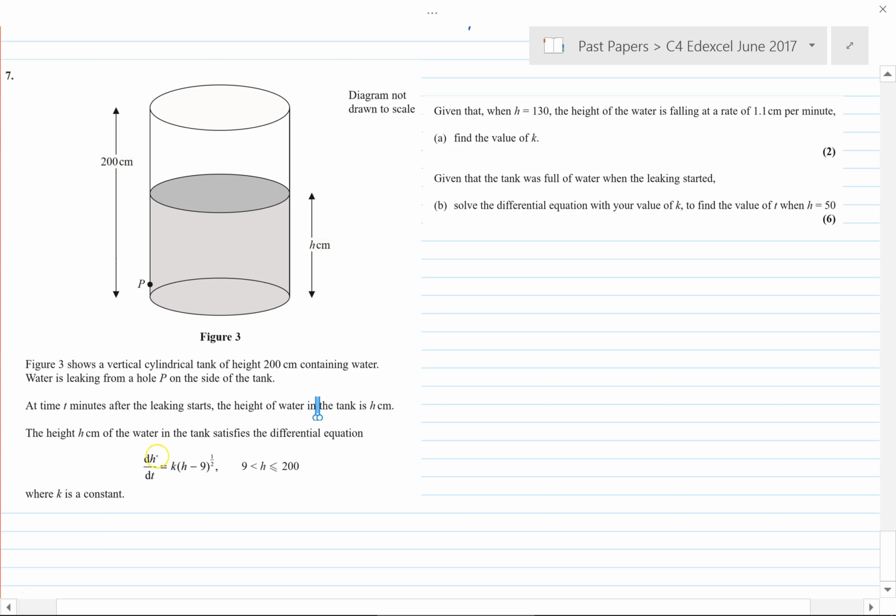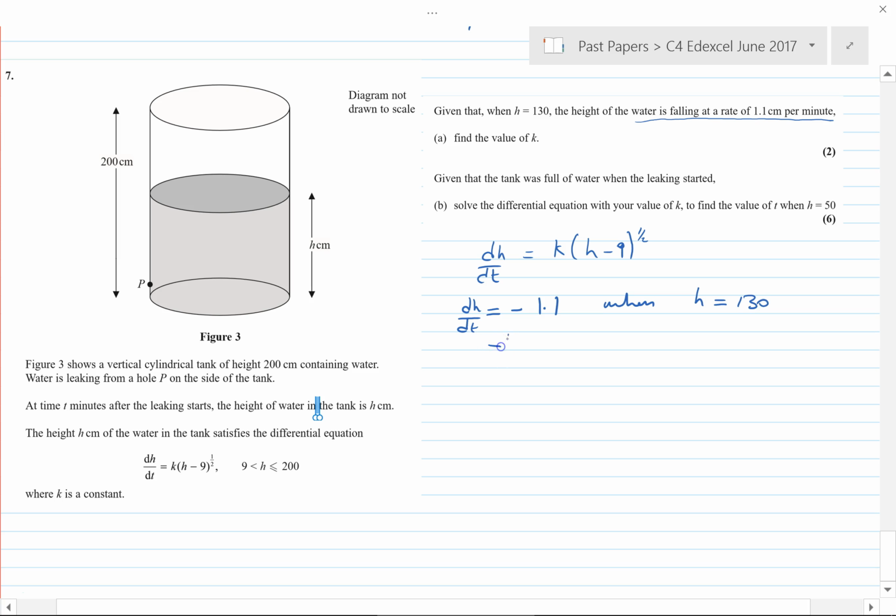Its first bit gives us dh by dt is proportional to the square root of h minus 9, to the half, and it wants that constant of proportionality. Now it tells us the water is falling at a rate of 1.1, so we know dh by dt, and it's quite careful here because quite a few people have not recognised that because it's falling, that means it's minus 1.1 when h equals 130.